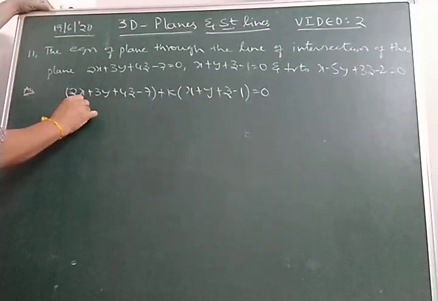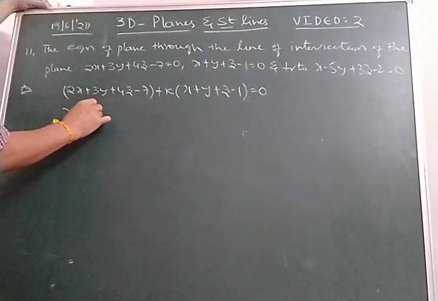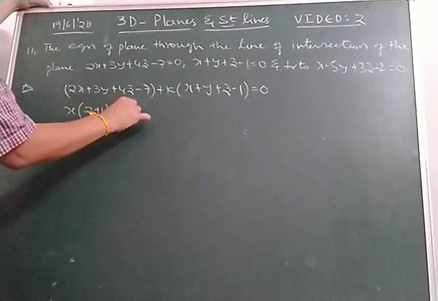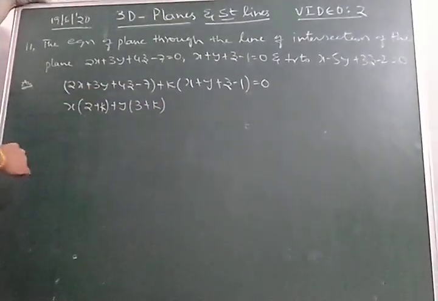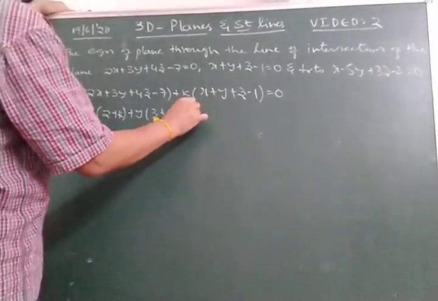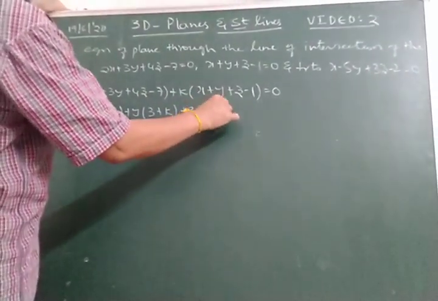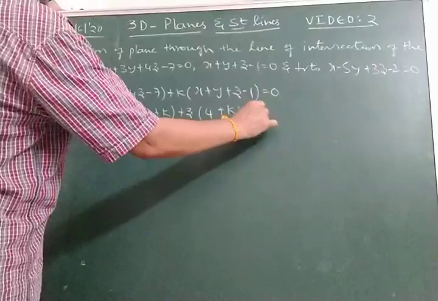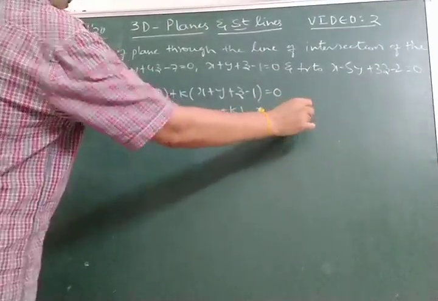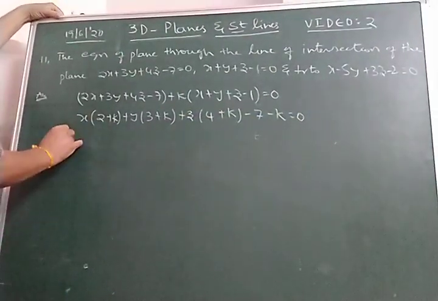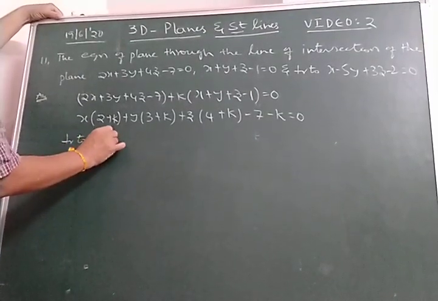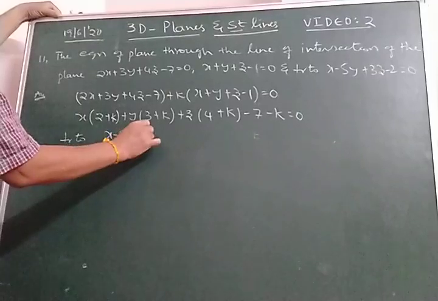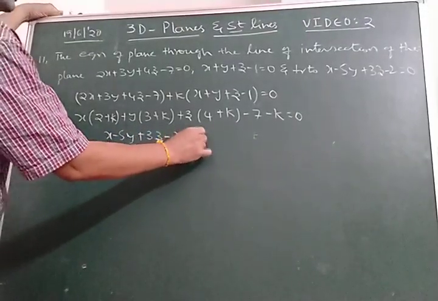Now this can be written as x into (2 plus k) plus y into (3 plus k) plus z into (4 plus k) minus 7 minus k is equal to 0. This is perpendicular to the plane x minus 5y plus 3z minus 2 is equal to 0.